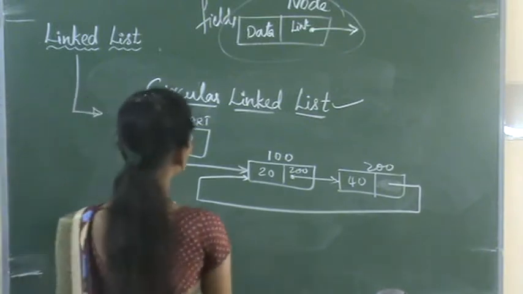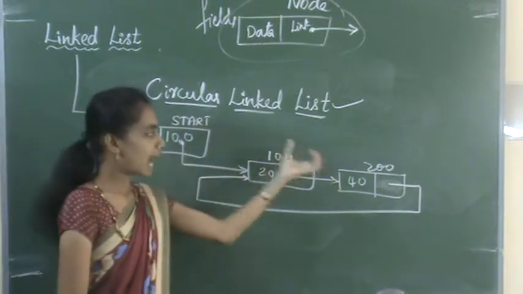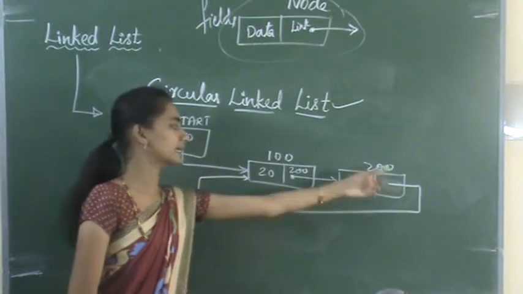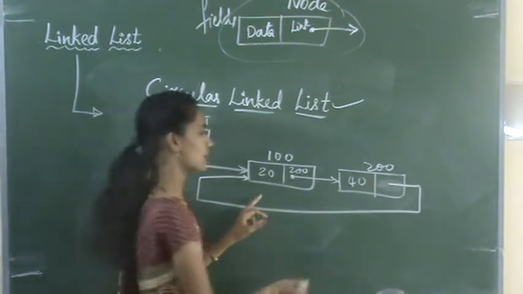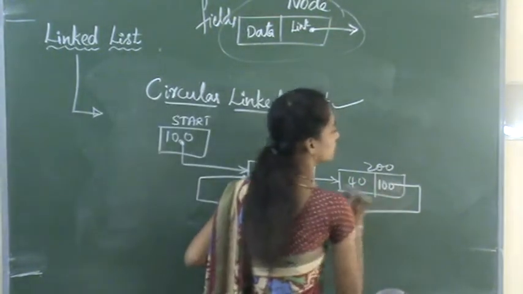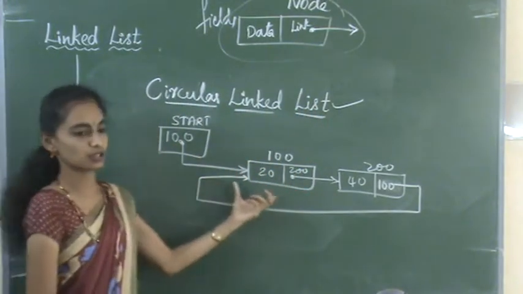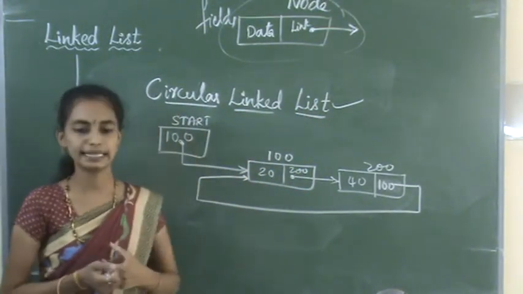So in this circular linked list, the last node's field contains the address of the first node, and that is called a circular linked list.